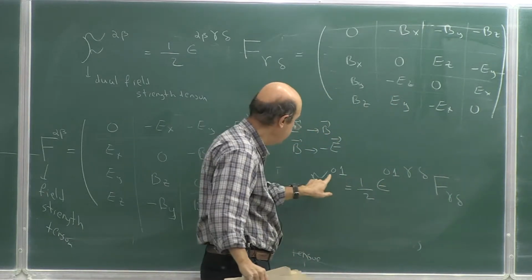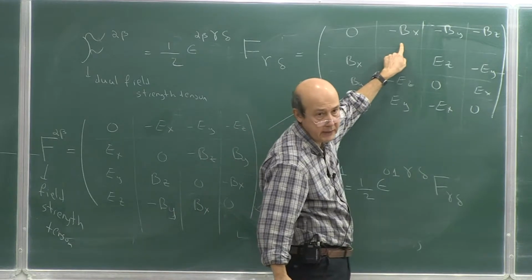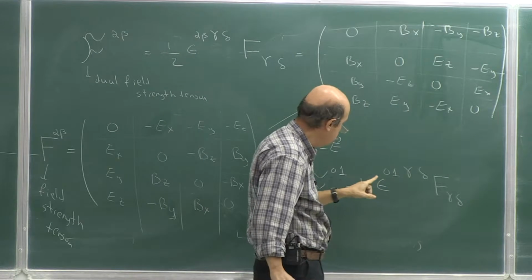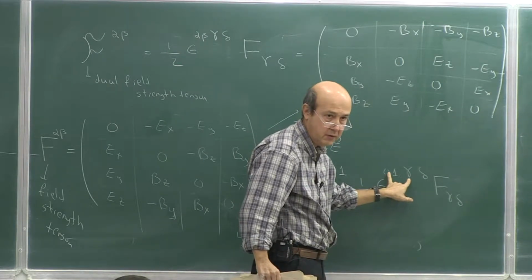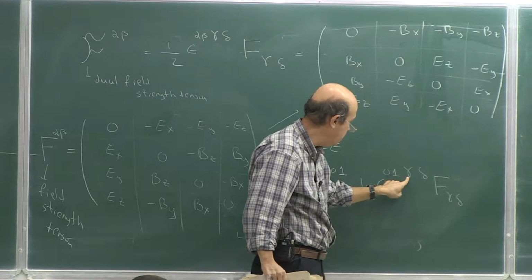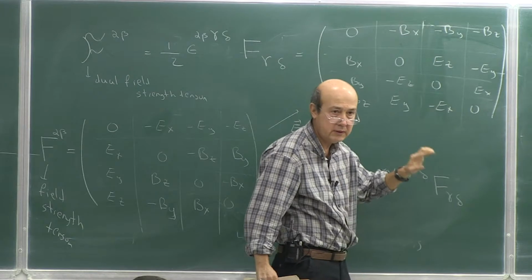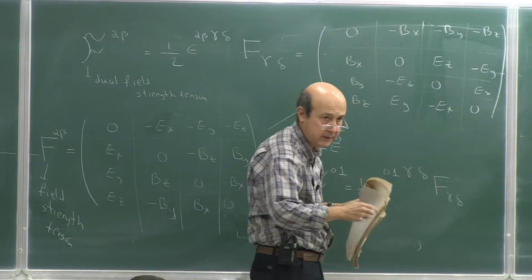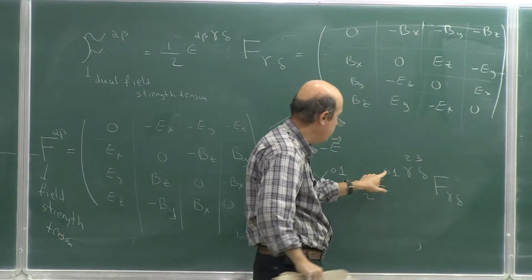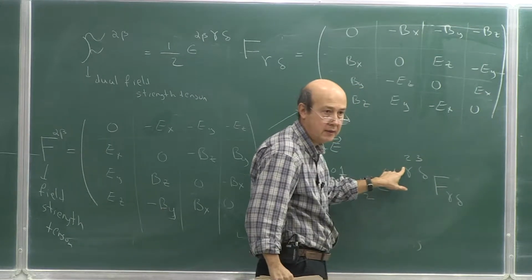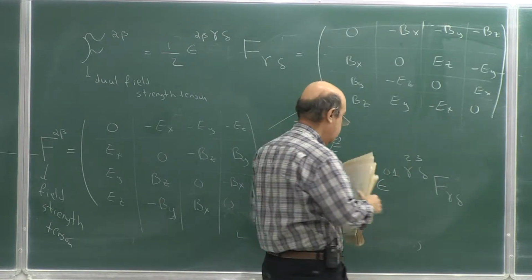So I want to calculate 0, 1. 0, 1 is minus Bx. If I put here 2 and 3, that will be 0, 1, 2, 3, that will be 1. If I put 0, 1, 3, 2, that will be minus 1.